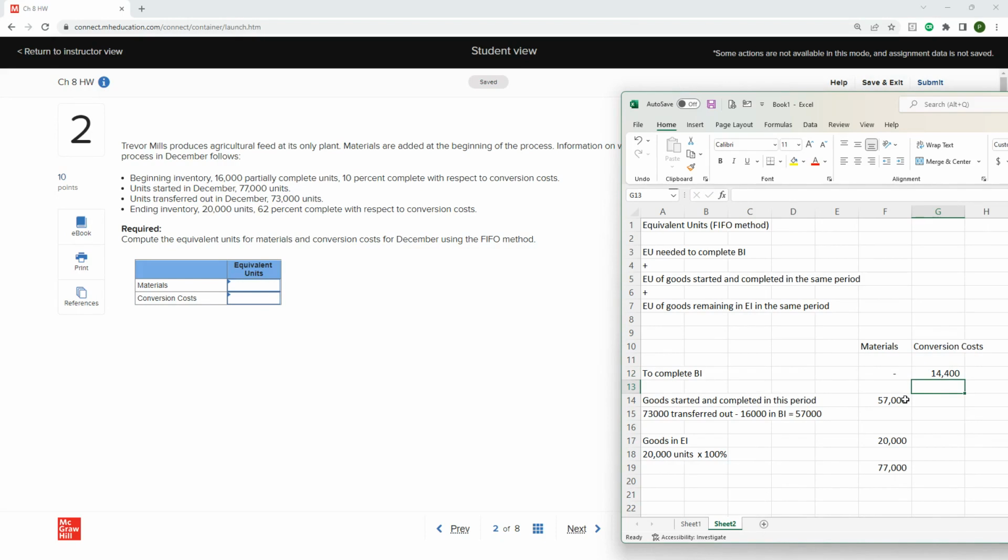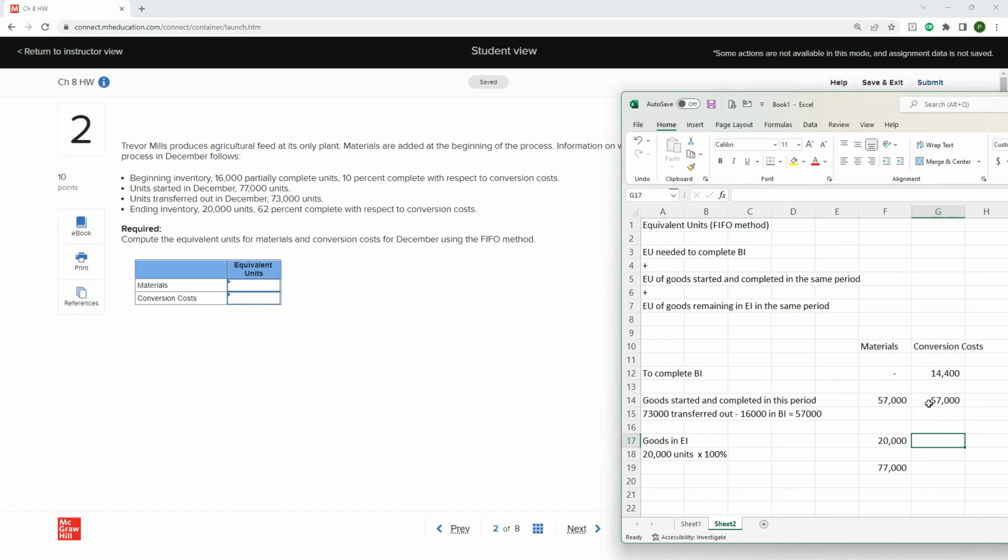For goods started and completed in this period, that'll be the same figure as materials. And then for goods in ending inventory, the fact pattern tells us that our goods are 62% complete with respect to conversion costs. So if we do 100% minus the 62% complete, we get 38% more that we need to add in the next month.